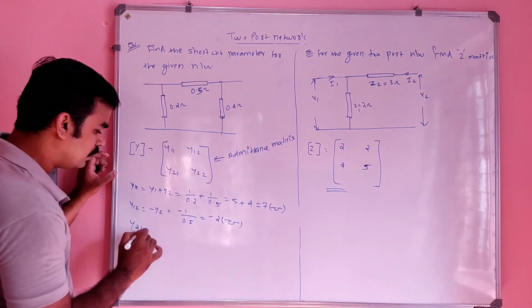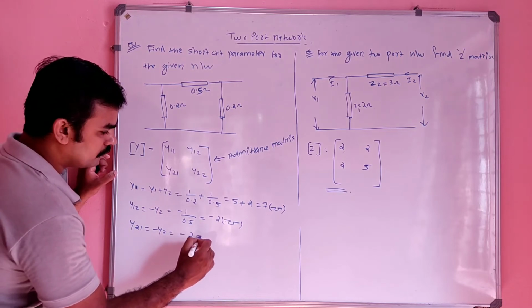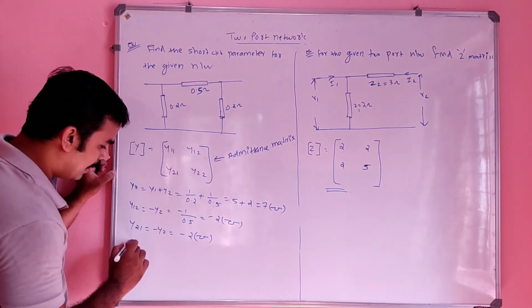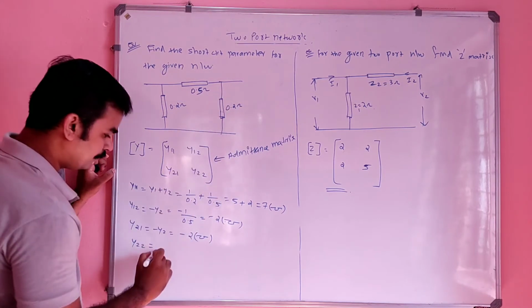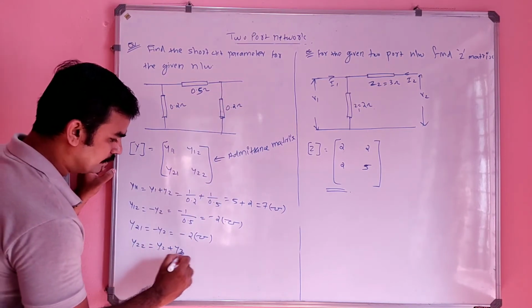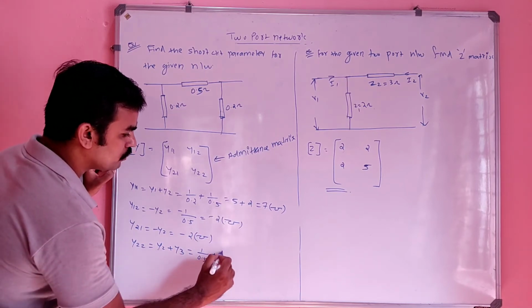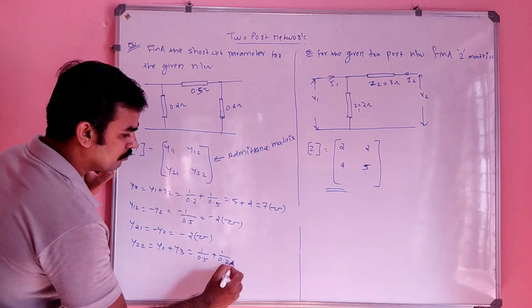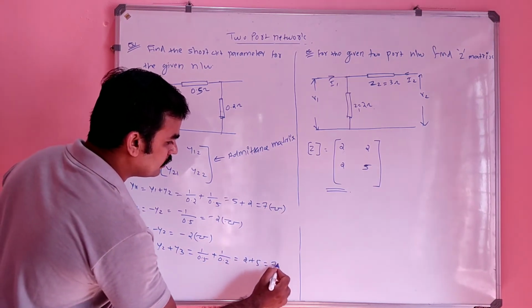And Y21, which is also minus Y2, is equal to minus 2 mho. And Y22 is nothing but add these two, Y2 plus Y3, which is 1 by 0.5 plus 1 by 0.2, which is 2 plus 5, 7 mho.